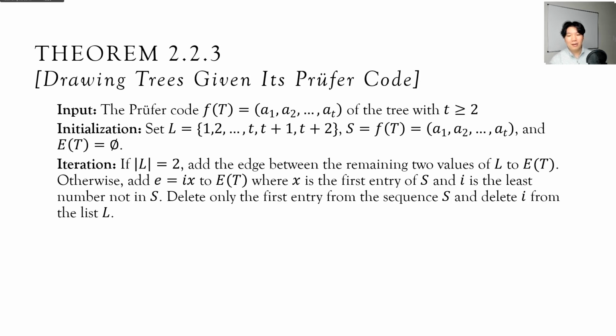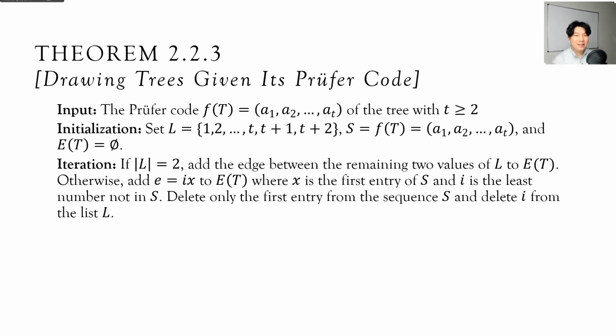If my set L only has 2 entries, add the edge between the remaining 2 values of L to E of t. If L has more than 2 entries, I'm going to look for the first entry of L that does not belong to S and the first entry of S. Whenever I find those 2, I'm going to add that edge to my edge set.